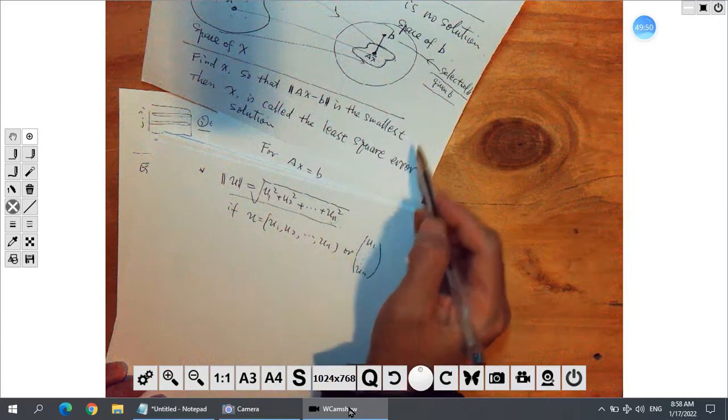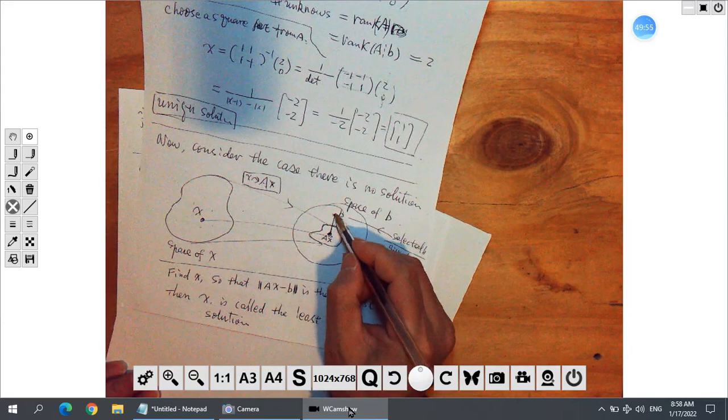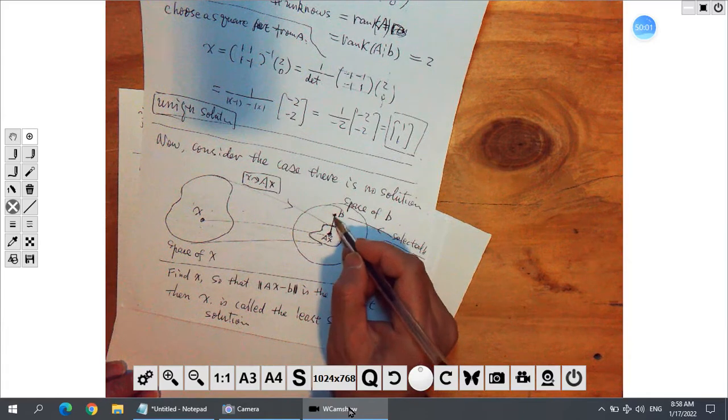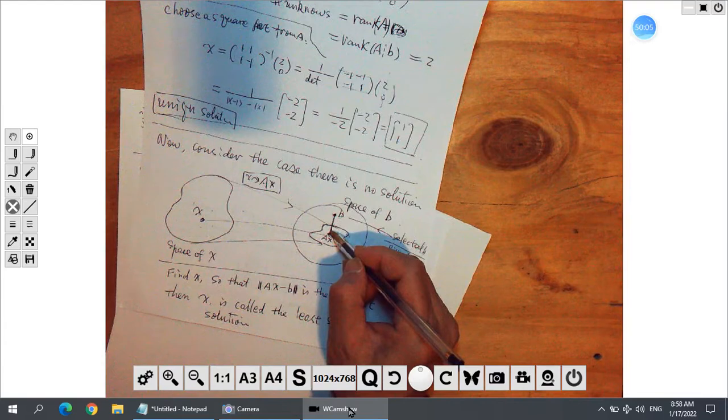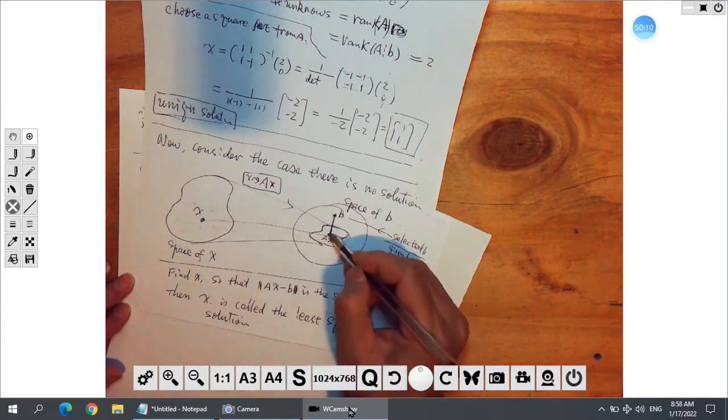You have an error, right? You want to find the solution of AX equal to B. But now what you can have is AX close to B, and the distance here is just the error. We choose the X so that this error is smallest.